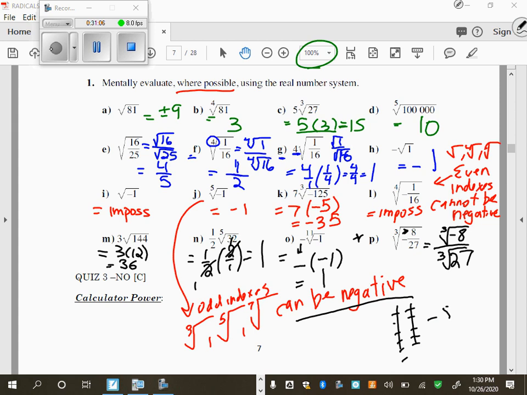Negative 8/27 is the same thing as negative 8 over 27. Okay, means the same thing. Just move the negative sign up. Now what's a cubic root of negative 8? Negative 2. What's a cubic root of 27? 3. Final answer? Negative 2/3.